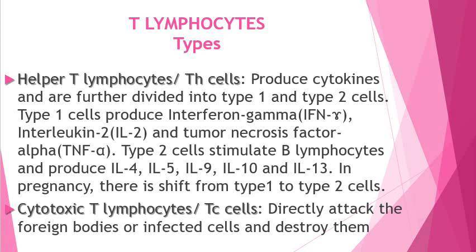And pregnancy is associated with an increase in the CD4 positive T cells secreting Th2 type cytokines, and there is a shift from type 1 to type 2 cells, that is, a shift from cell-mediated immunity to humoral immunity, which is essential for sustaining pregnancy.